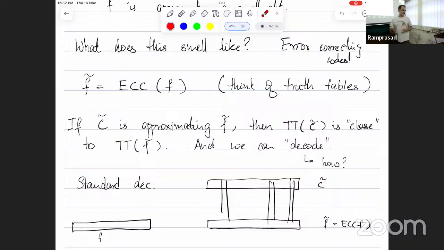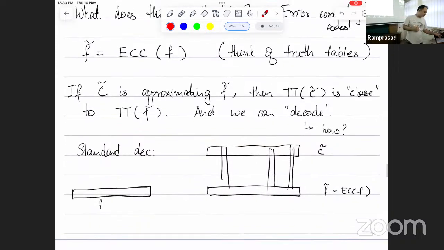We're going to say that if someone gave me a small circuit that has that truth table, I want to build a small circuit that computes F. If the overhead on top of C tilde that I'm going to put in order to decode requires the truth table length of C tilde, well, that is going to be way too large, because even if C tilde works on a small number of bits, I'm now going to end up running an exponential in that much time just to read the truth table. And that's something that I can't afford to do.